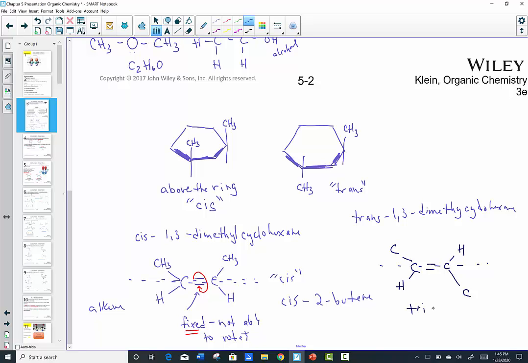One is above the plane, one is below the plane, and this would now be called the trans configuration. This is trans-2-butene. Now it's important to see that it is not achieved by rotating the double bond. This does not happen.